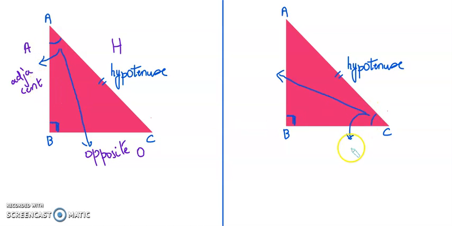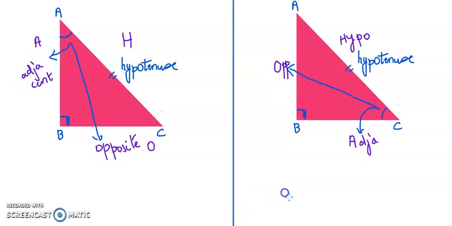Similarly, for angle C, the adjacent is this, opposite is this, and hypotenuse is this. Or if you are confused, if there is a labeling of a vertex point as A, then you can say ADJ for adjacent, OPP for opposite, and HYP for hypotenuse as a short form.